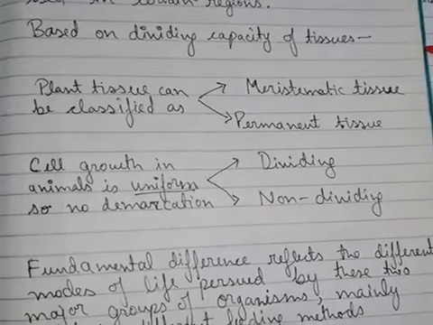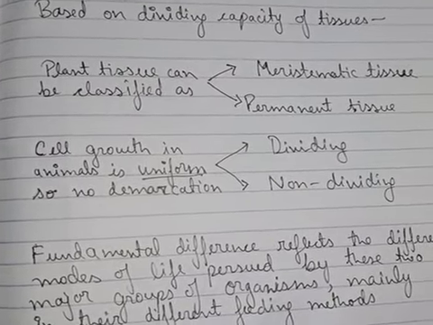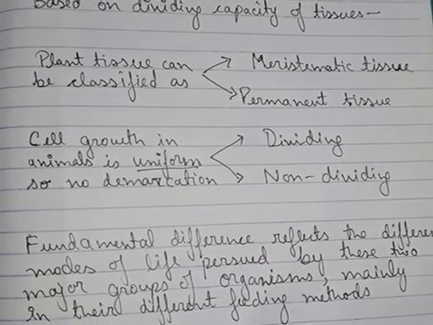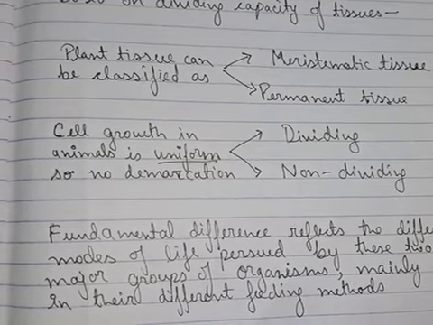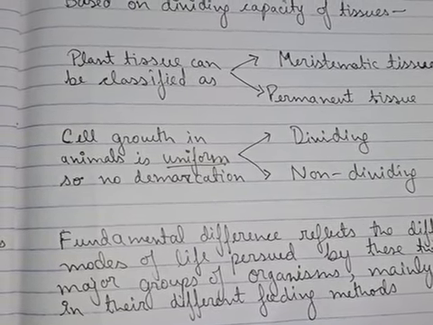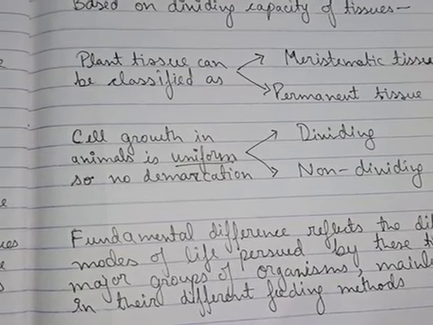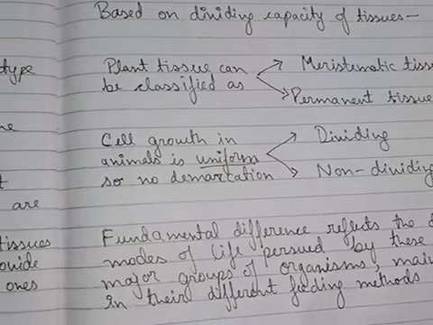Further, plant tissues are classified into two parts: meristematic tissue and permanent tissue. Whereas in animals, cell growth is uniform and shows no demarcation.